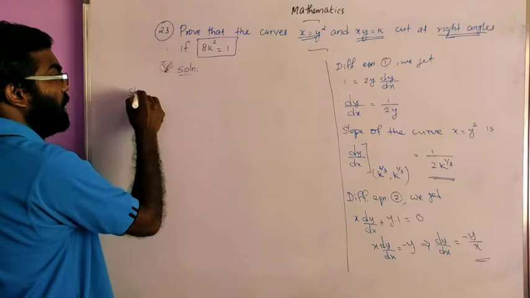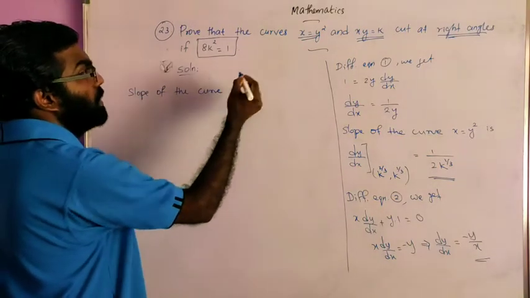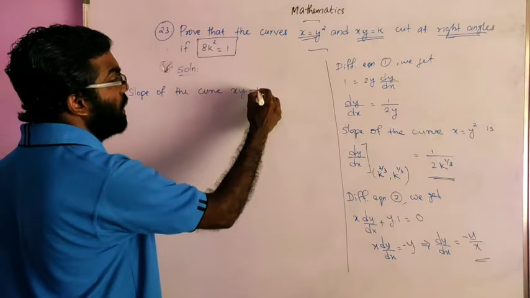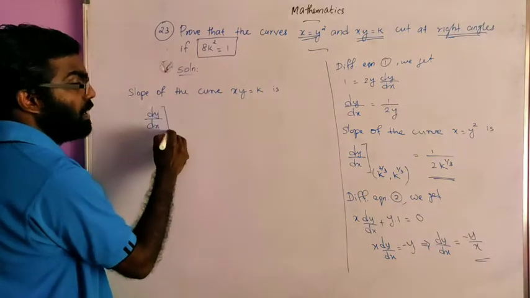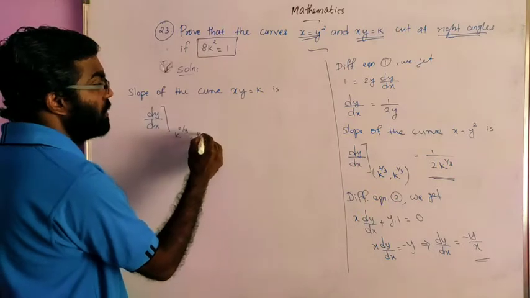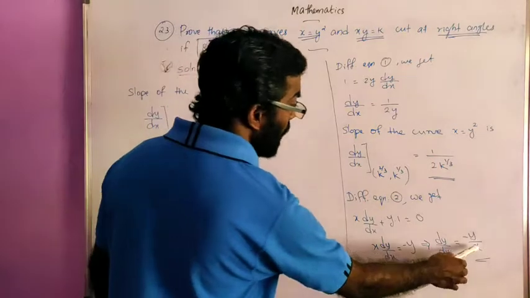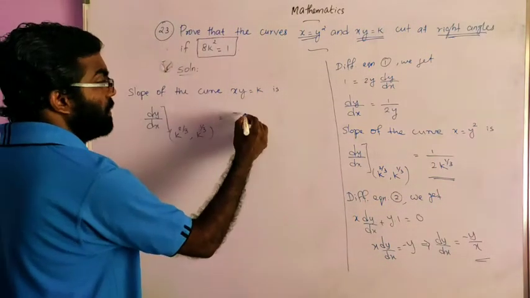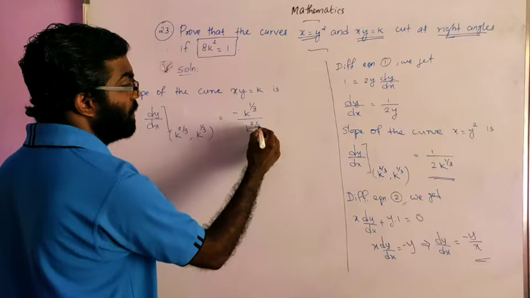So the slope of the curve, the second one, xy is equal to k, is dy by dx at the point k raised to 2 by 3 comma k raised to 1 by 3, which is equal to, here dy by dx is minus y by x, so minus k raised to 1 by 3 divided by k raised to 2 by 3.